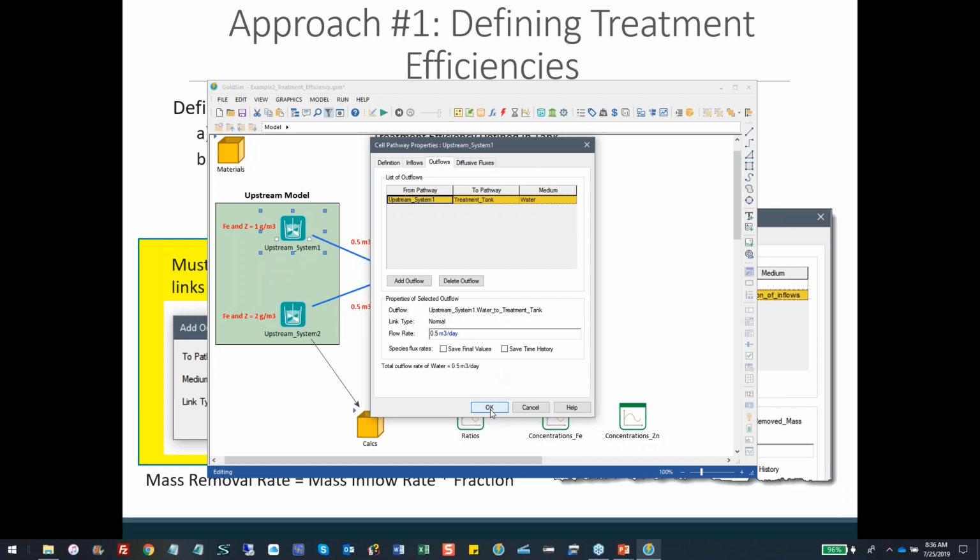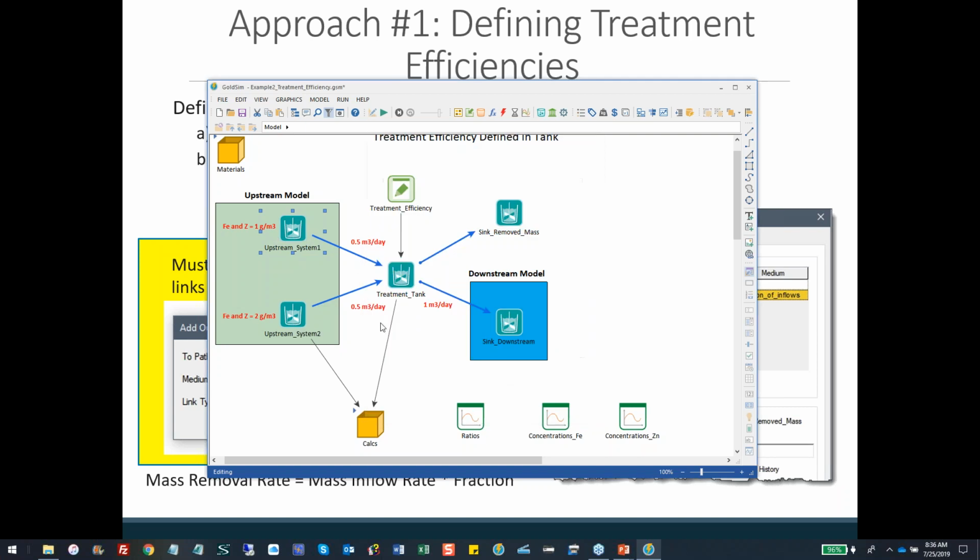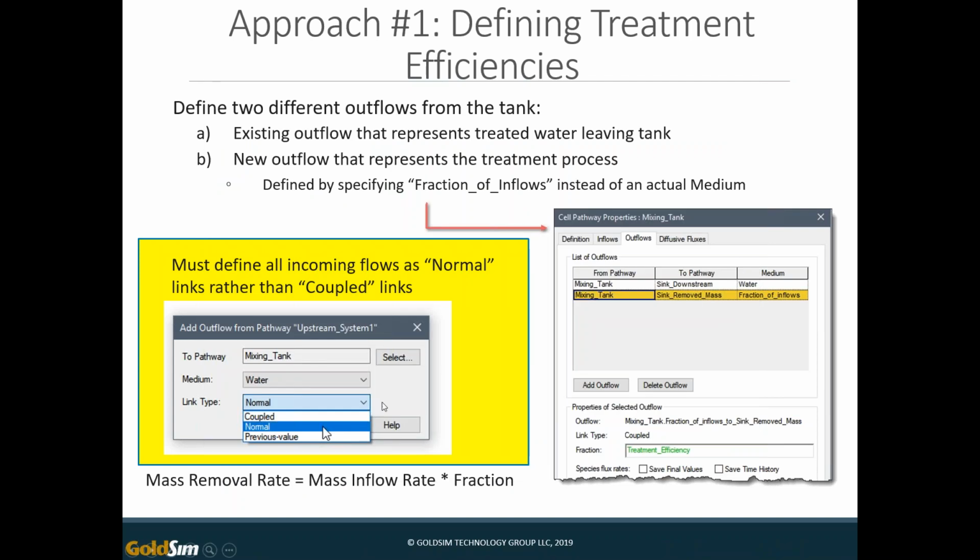But this is something that people trip up on quite a bit, and I won't get into the math here of why it works this way. It's discussed in the manual, but basically this has to be what we call a normal link. Coupled links are not removed when they come in. The mass is not removed. It has to be a normal link. So just remember that if you ever want to use one of these treatment efficiencies.